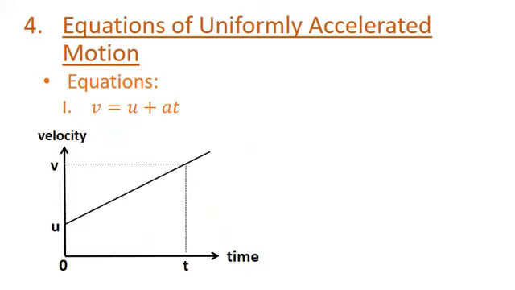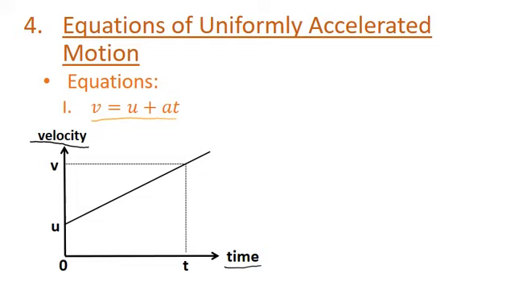So let us just go through the first equation, which is v equals u plus at. Let's analyze this equation a little bit. Now, if you deal with constant acceleration or uniform acceleration, and you plot a graph of velocity on the vertical axis against time on the horizontal axis, you will get a straight line which may or may not pass through the origin, depending on the initial velocity.